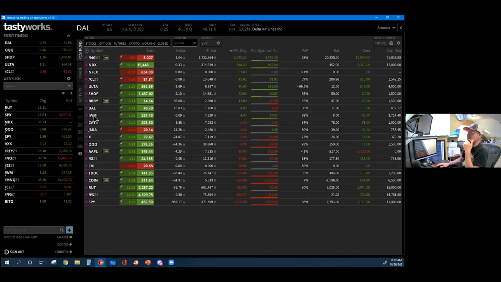Our IWM trade, boy, these trades have just been gangbuster for us. They've just been awesome. I've really enjoyed sharing these with you guys. Again, these undefined risk credit strangle trades are what I focus on in my larger account, though I wouldn't say exclusively.